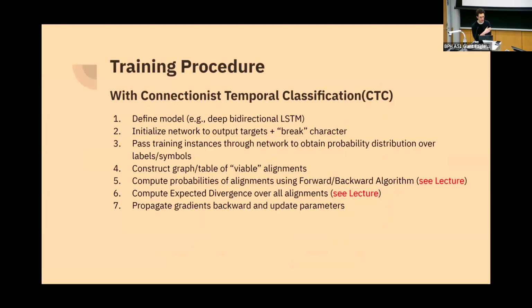You initialize it to output both the target characters and a break character, pass your training instances through, get the probability distributions, construct your graph of those viable alignments or paths, get the posterior probabilities using the forward-backward algorithm, get your expected divergence, backprop, and update. This is a nice procedure where we can train our model even when we have non-time-aligned outputs.